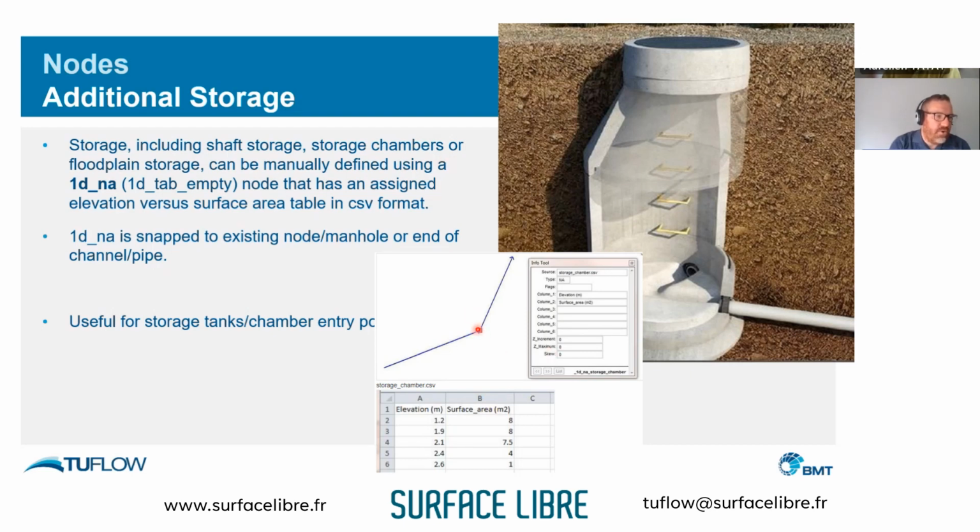We might have a node, or we might use the automatically generated node, and then we add on a 1D NA point. That references a CSV file. We reference the elevation column, we reference the surface area column, and that reads in our user-defined storage. And that's quite useful for quite complex manholes, but also storage tanks as well.